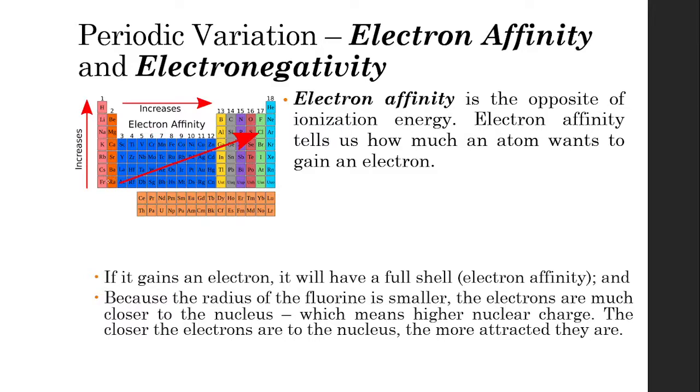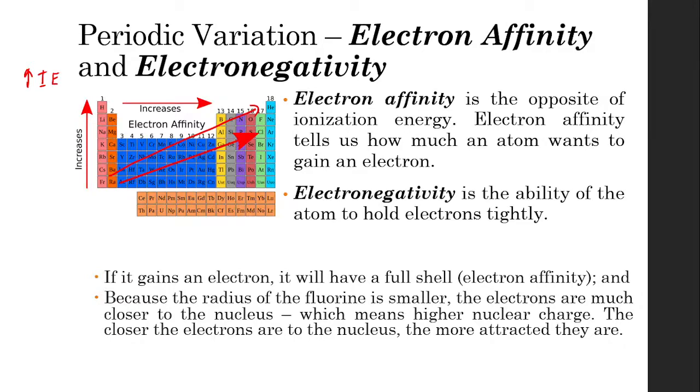The ionization energy increases towards this way. So the higher the ionization energy, the more difficult it is for the atom to remove its electron, which means the more affinity it has for that electron, the more it wants to keep that electron. So they have the same trend. It's going towards this way.